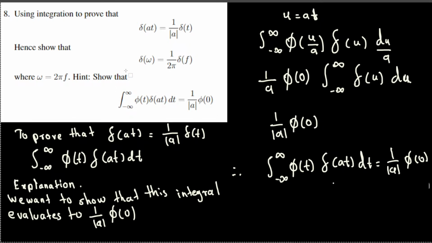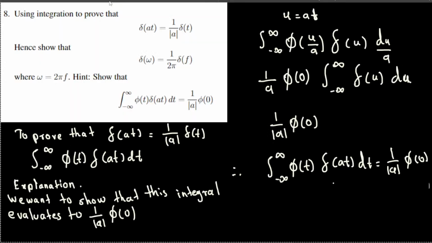Now let's deal with the second one. For the second one, we are going to use this equation we derived. I'm going to go to another page. Okay, so what did we have to prove?